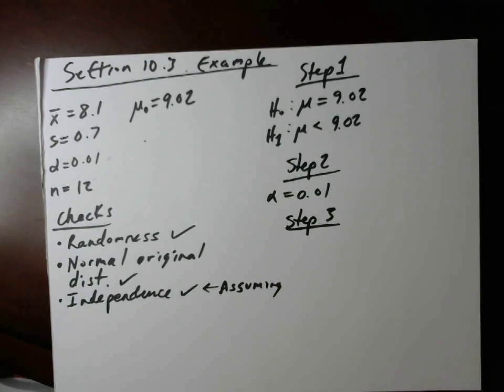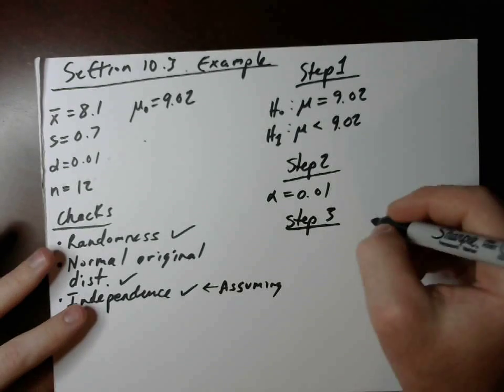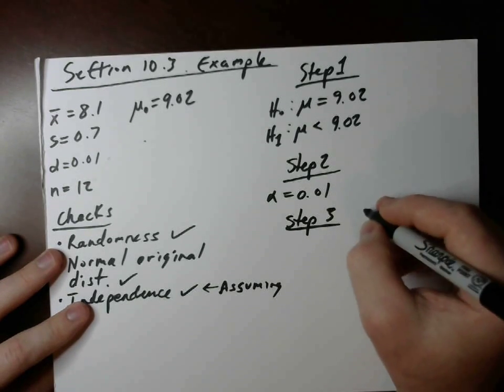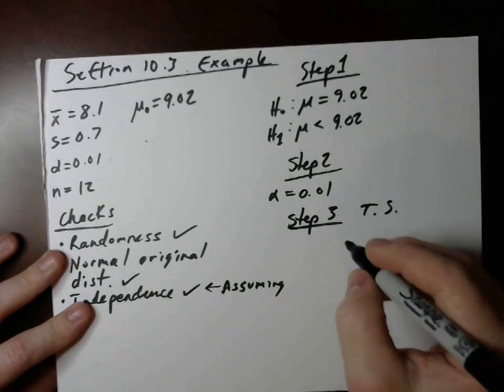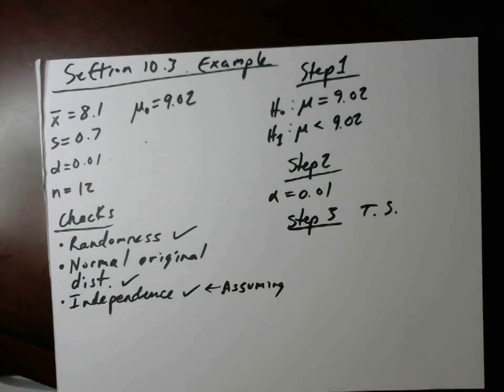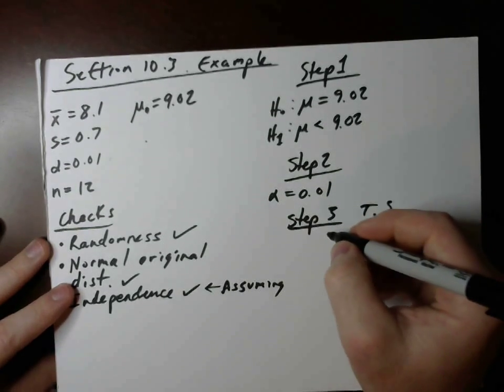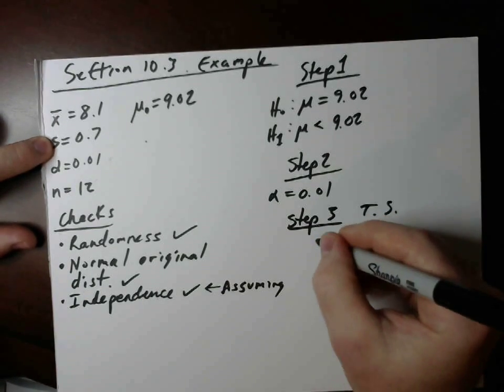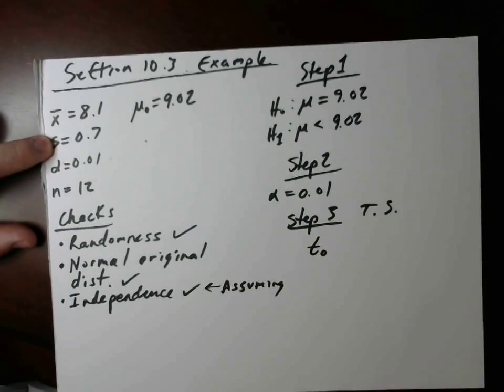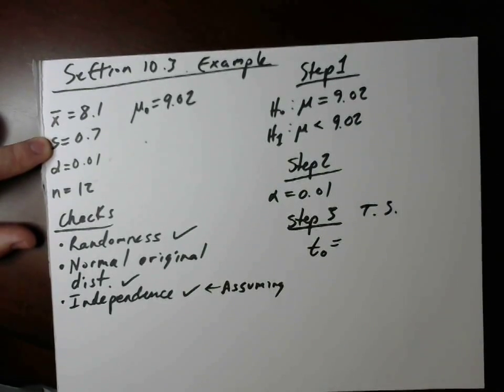Now this represents the test statistic and all of our calculations involved. So our test statistic, I'll just put TS. Now, if you remember, similar to Chapter 9, we're not following a standard normal distribution. We're not dealing with Z anymore, with a measurement of mean, because we don't know sigma. We know s. So it follows a t distribution. So our test statistic is a t naught.